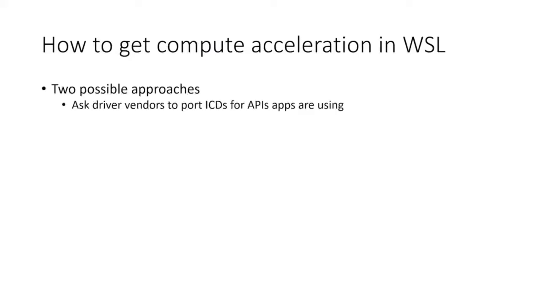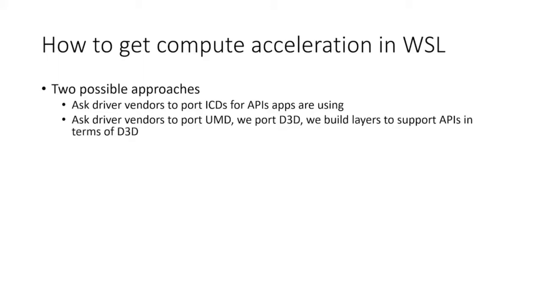When we approached the problem of how to get compute acceleration in WSL, we saw two possible approaches. The first was to ask all of our driver vendors to port all of their ICDs for every API that we care about. It's a lot of work. The second option was to ask the driver vendors to port one graphics UMD, and then we could layer everything else on top of it. Specifically, if we ported D3D, then we could build layers to support all the rest of the APIs in terms of D3D.